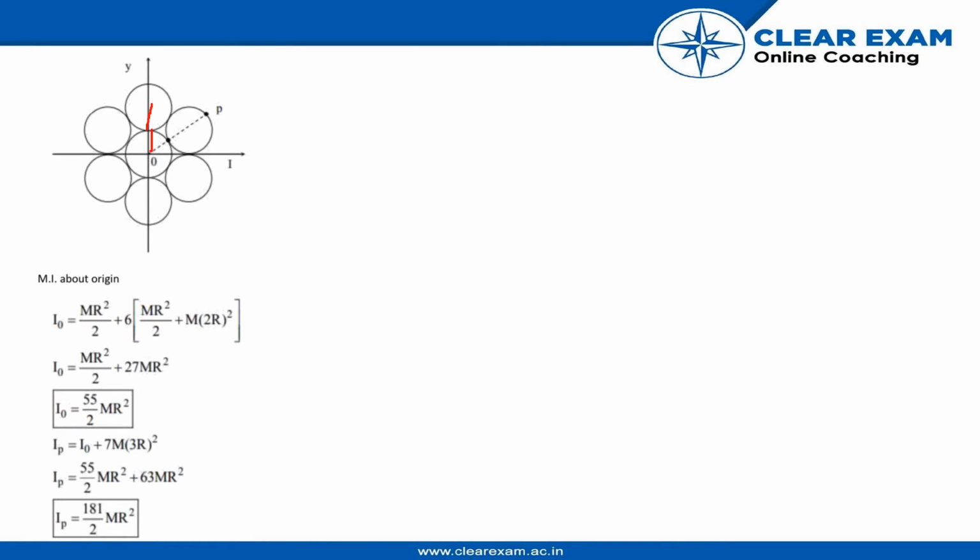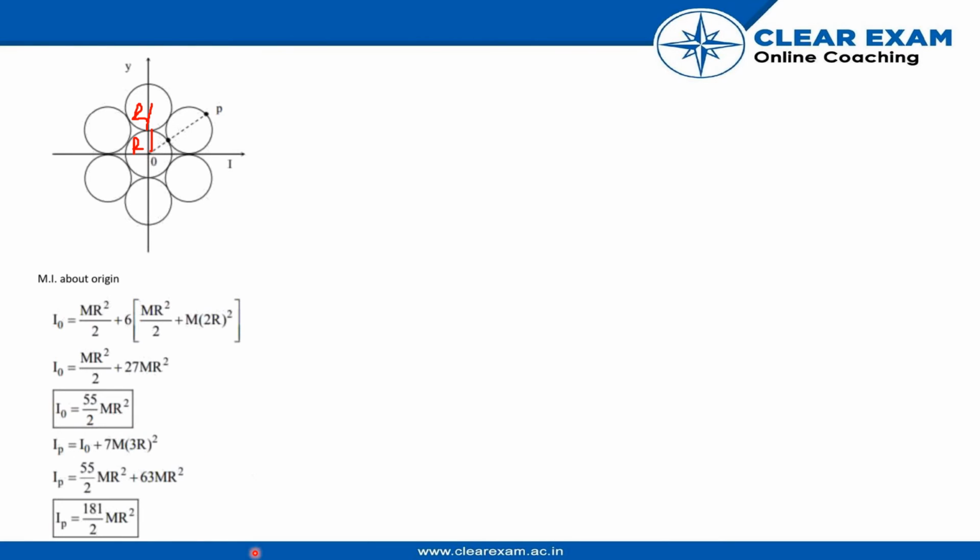So we have this value r, and this is also r, and all these 6 disks are at a 2r distance from the center origin. So it would be 6 times mr square by 2, that is ICM, plus m into distance square, that is 2r whole square, right? It would sum to be I naught is equal to 55 by 2 mr square.